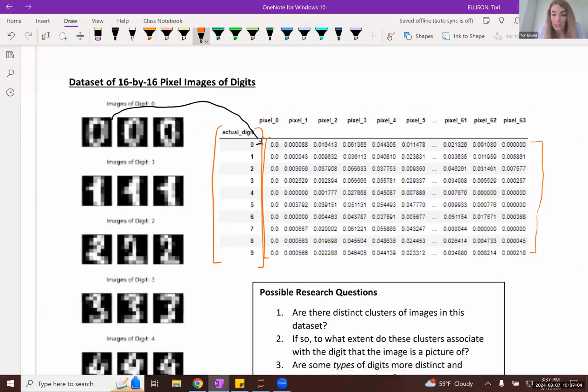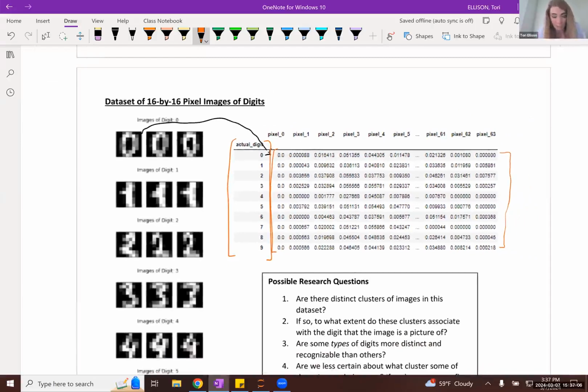Now, if this was a supervised learning class, our overall goal would simply be to take our 64 dimensional data set of pixel values and then use it to predict these pre-assigned class labels. Now, given that this is an unsupervised learning class, that is not going to be our goal yet.